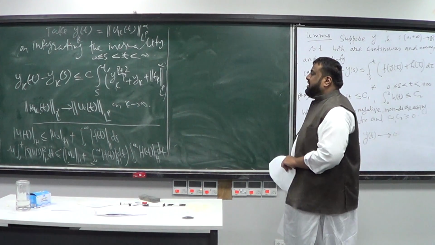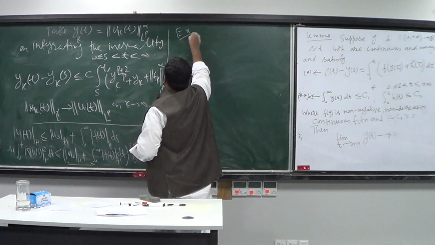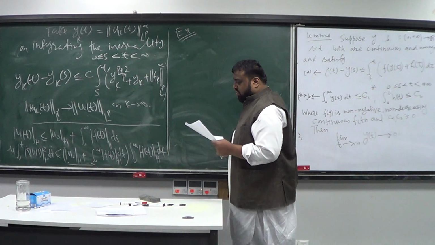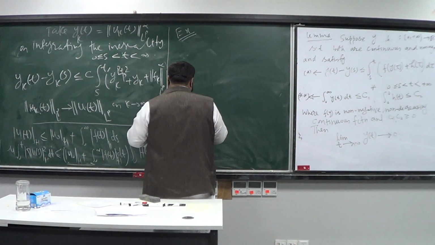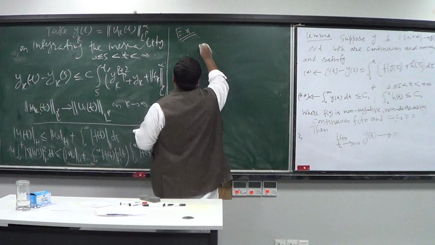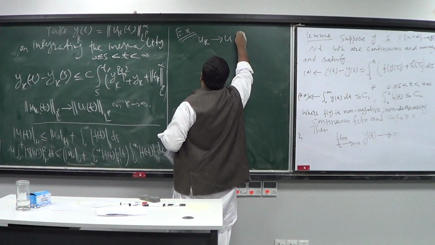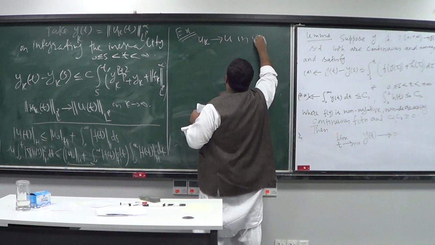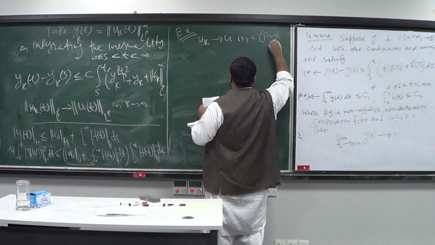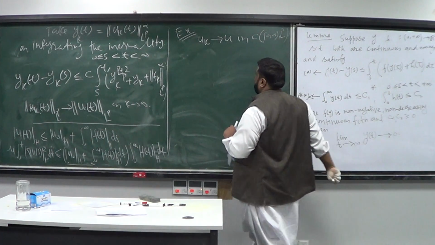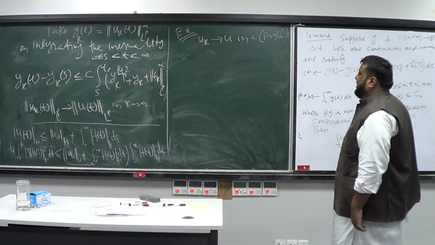So using this estimate, maybe one exercise for you to explicitly show is that u_k converges to u in C(0,T; L2).